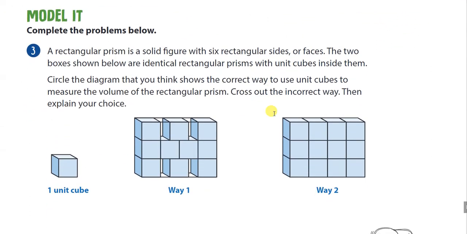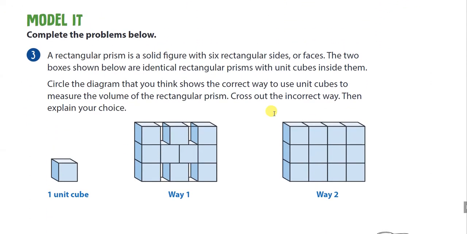Okay, so now we've got some models below. A rectangular prism is a solid figure with 6 rectangular sides or faces. So think of a die. That's a rectangular prism. It's also a cube. A cube is a rectangular prism. Spoiler alert. Like my die, it's beautiful.